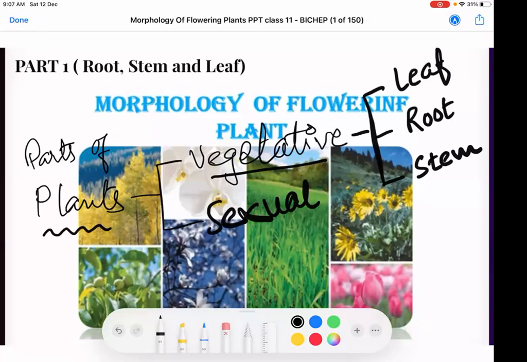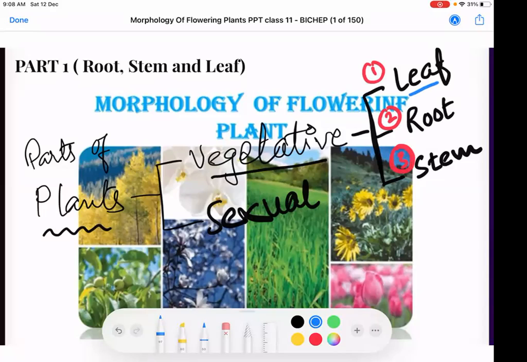I have given these numbers 1, 2, and 3 according to their origin and evolution. The first part which evolved is the photosynthetic part, leaf.